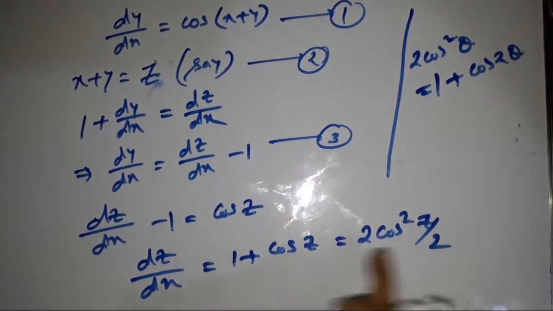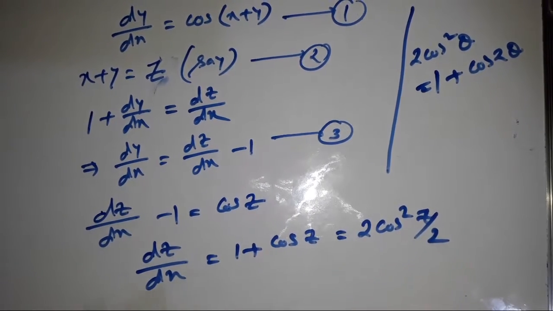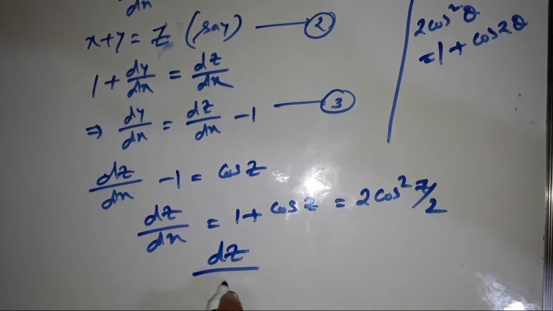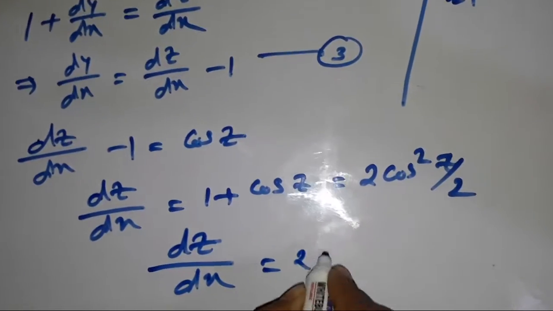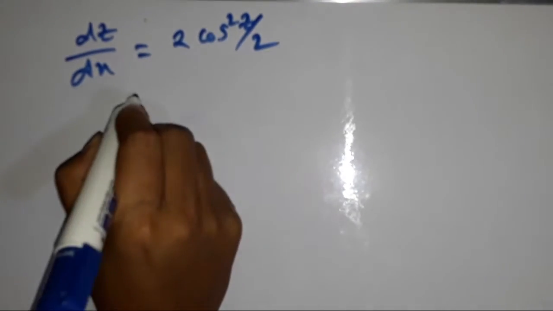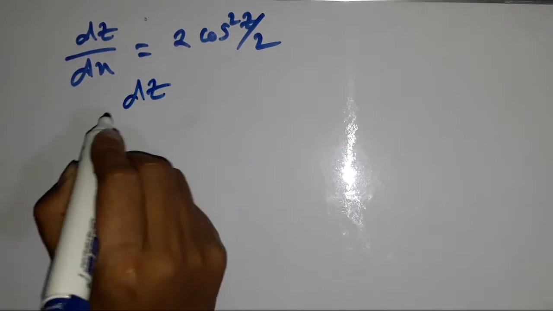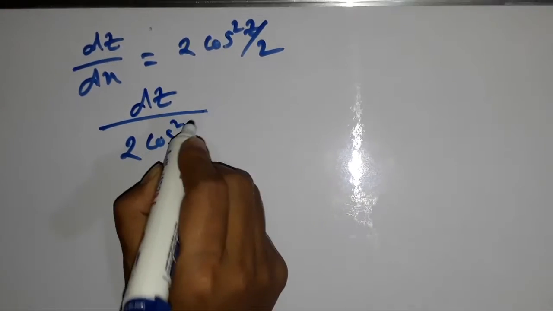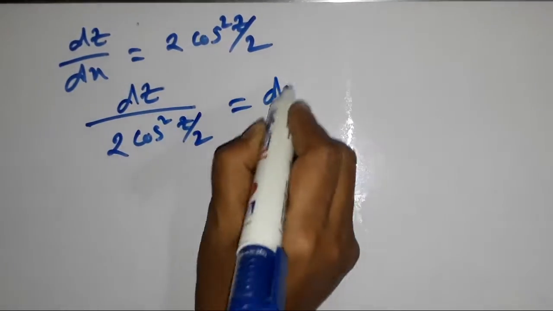So here it is z, and now z/2. So dz/dx = 2 cos²(z/2). Now we use the cross multiplication method: dz/(2 cos²(z/2)) = dx.